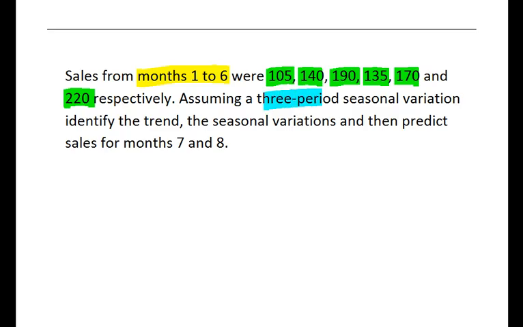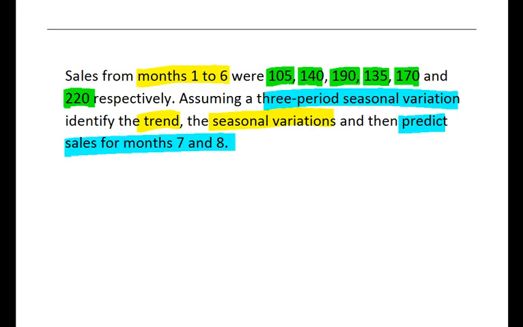Now we're going to assume a 3-period seasonal variation on the figures here. Basically that means the seasonal variation we're expecting repeats every 3 months. And we're going to try and identify the trend in the data, the seasonal variations, and then use that knowledge to help predict sales for the next couple of months, in months 7 and 8.